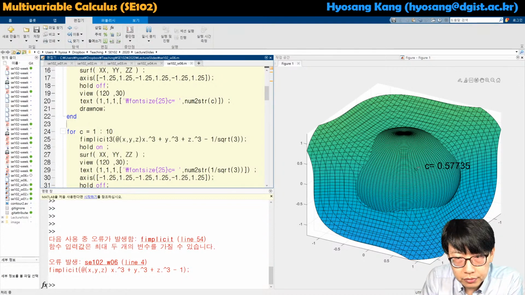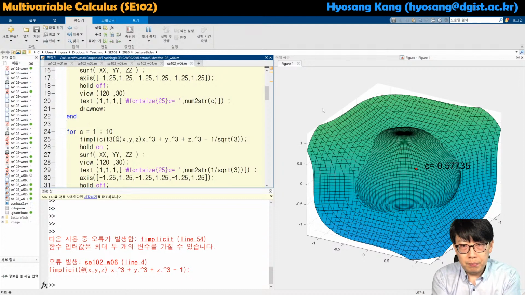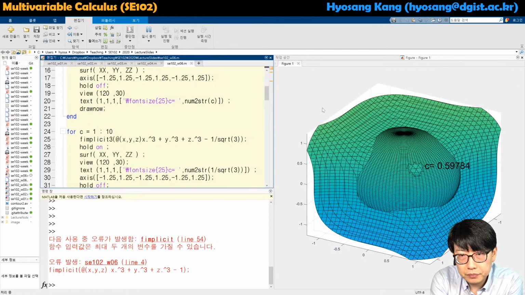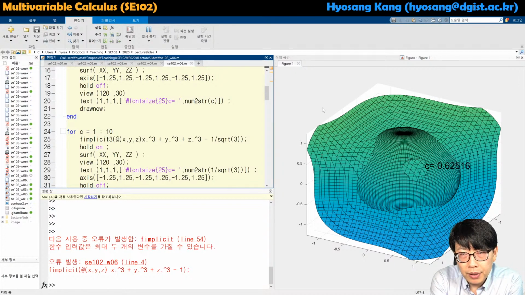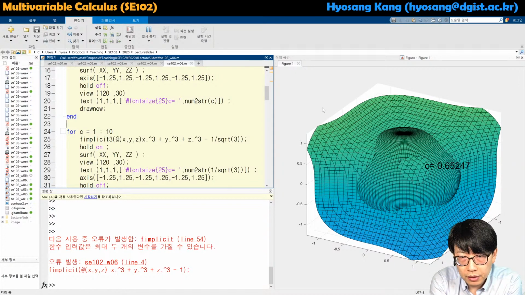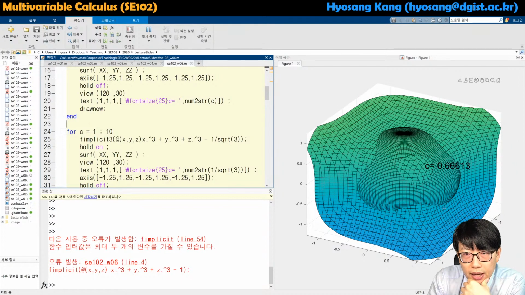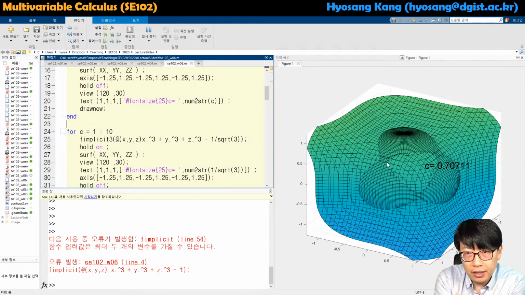So now I paused here. This point in the middle, the red point, is now emerging from the middle and becomes a touching point. And I keep increasing my c. There are lots of intersections, not touching, until I have 3 touching points here.